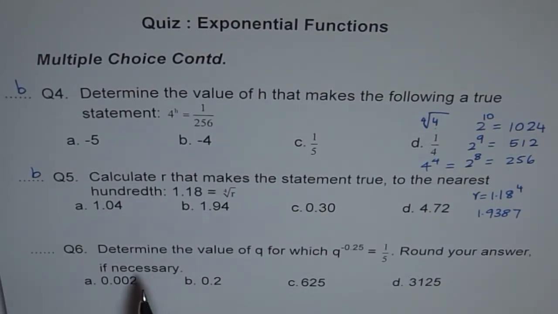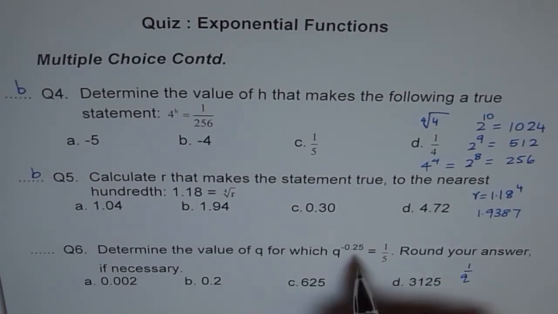The next one: determine the value of q for which q to the power of minus 0.25 is 1 over 5. Round your answer if necessary. So we have to find the value of this. You could write this as 1 over q, which takes care of the minus.